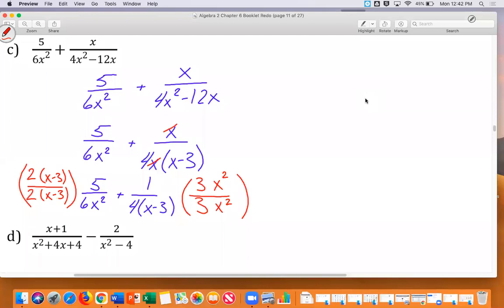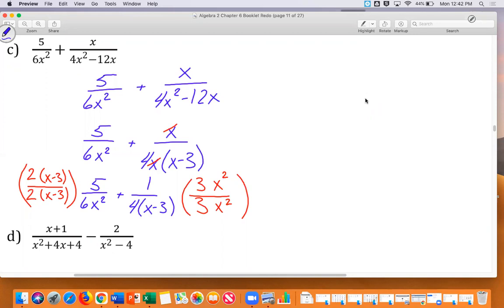So I multiplied that, and now I have all the components. The numbers will be the same. They'll both be 12. 2 times 6 is 12. 4 times 3 is 12. They'll both have the x squared. This one on the left had it to start. The one on the right, I added it. On the left, we'll have the x minus 3 now because I added it, and it was already there on the right. So now I have to clean this up.